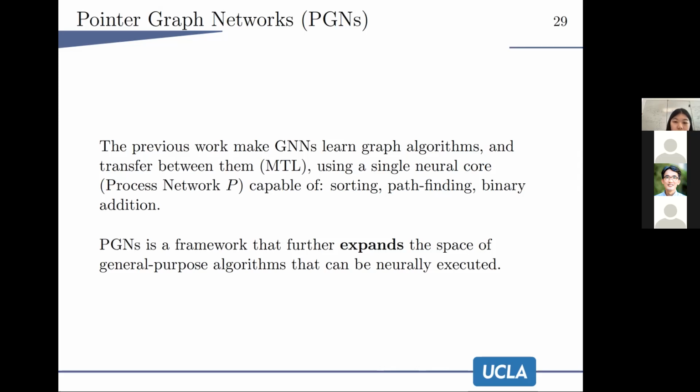The previous works use a graph neural network to learn graph algorithms and transfer between them, using a single neural core capable of doing multiple tasks. And the pointer graph networks, or PGNs, is a framework that further expands the space of general purpose algorithms that can be neurally executed this way.